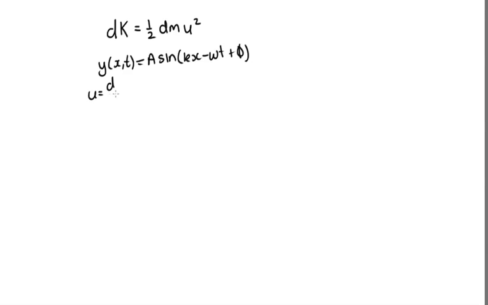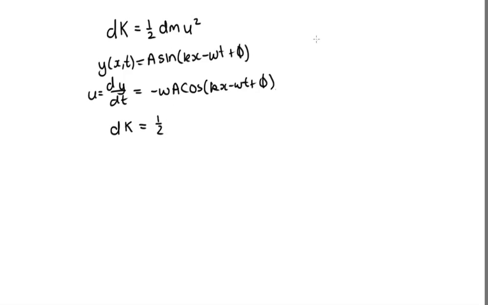So u is actually equal to dy/dt, which you can see is equal to, in this case, −ωA cos(kx − ωt + φ). Okay, so now if we want to find out how much kinetic energy is in an increment of string, we've got dK is equal to a half dm u squared.